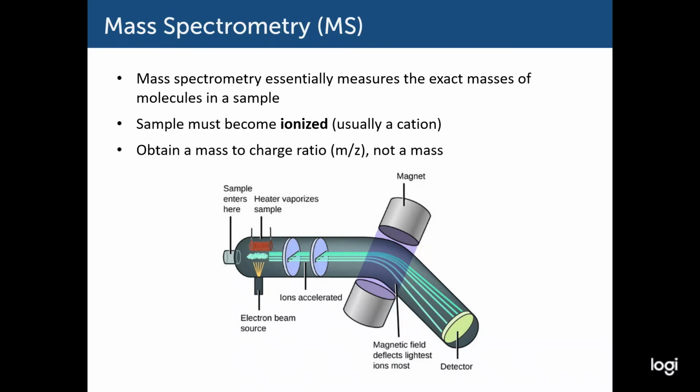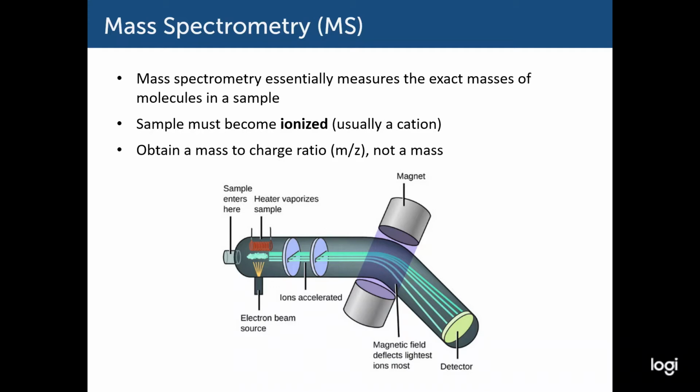And we know from our conversation about NMR that charged particles like cations are going to interact with a magnetic field. So what ends up happening is that those charged particles would go straight into the sidewall of the tube here, but because they're actually interacting with a magnetic field, the trajectories bend so they can actually make the turn and get down to the detector at the other end of the path.